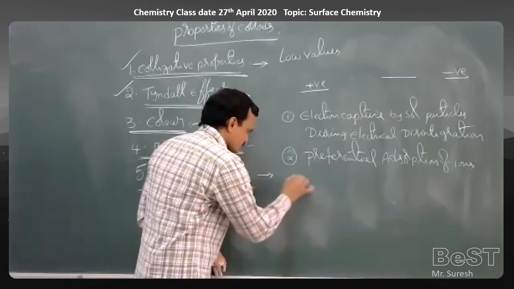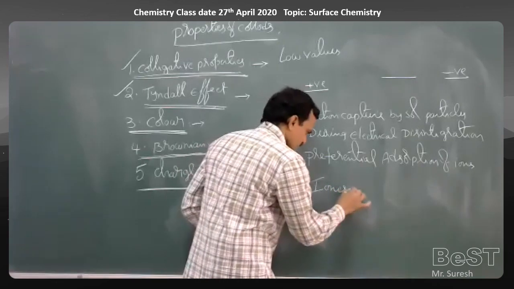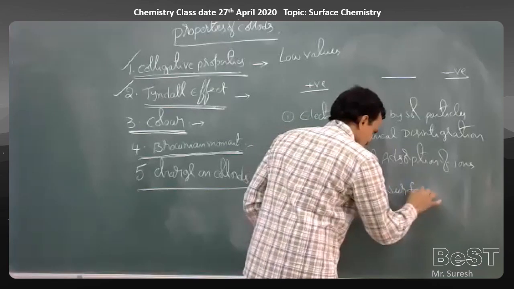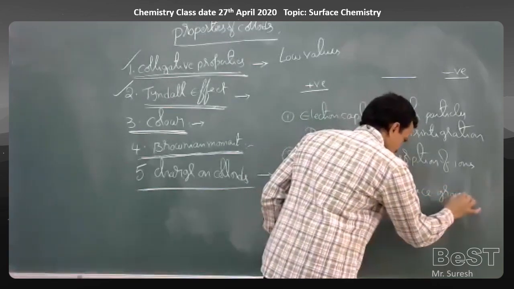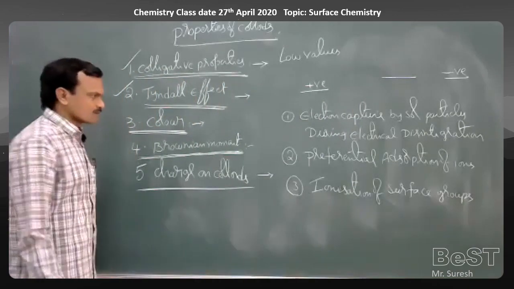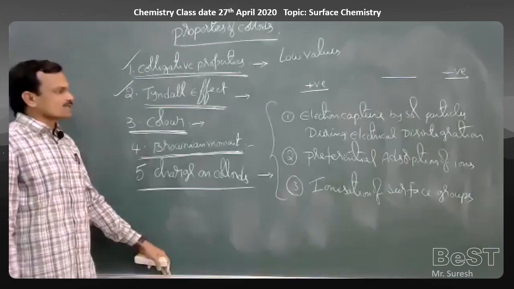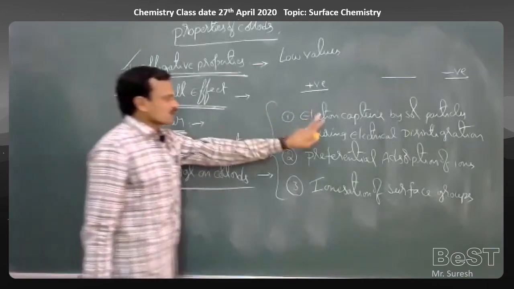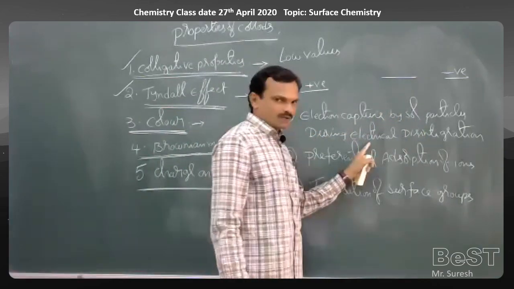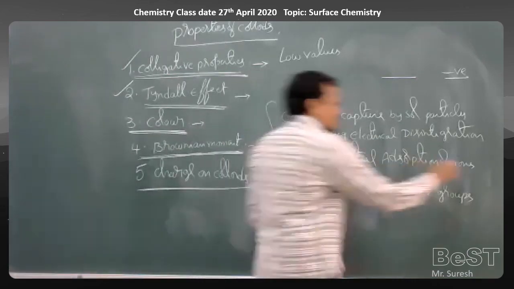And the third one is ionization of surface groups. Based on these three methods, the charge present on the colloidal particles is explained. The first is electron capture by salt particles during electrical disintegration. The second is preferential adsorption of ions from solutions.